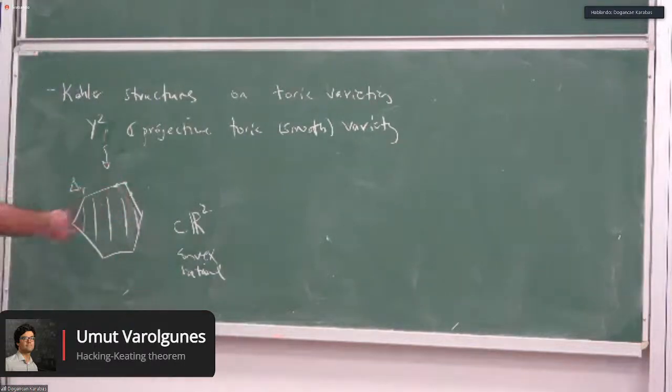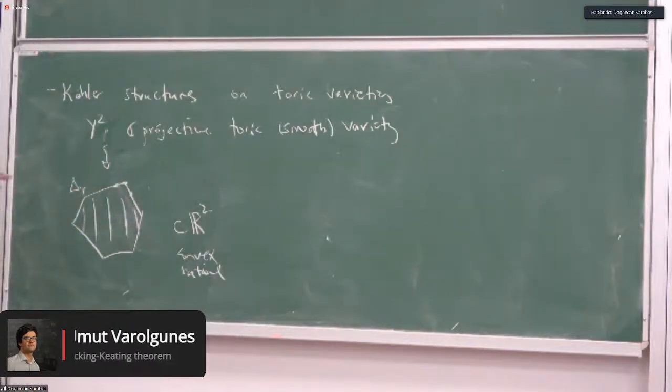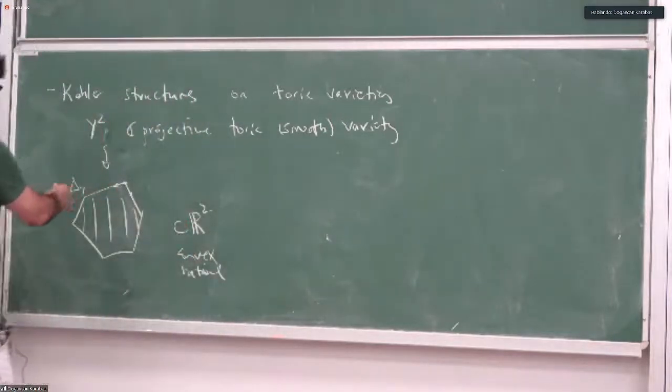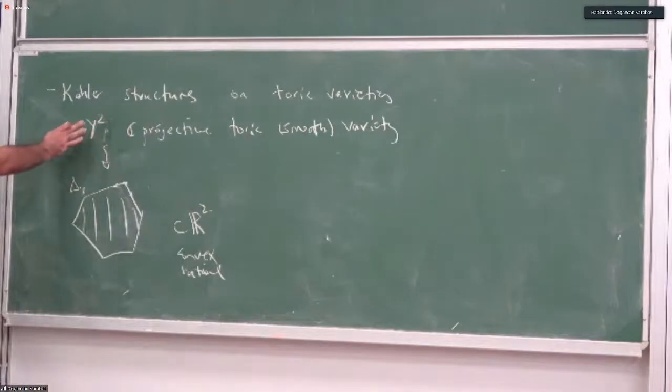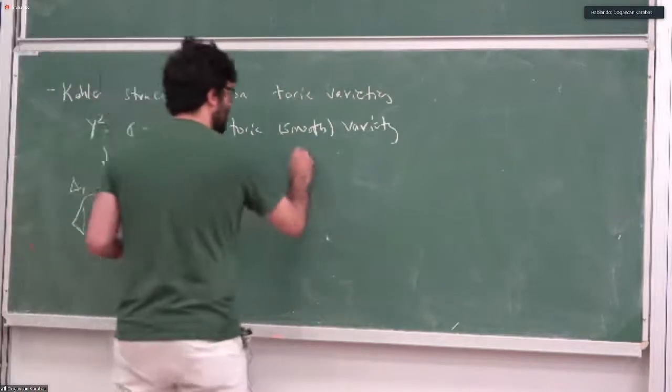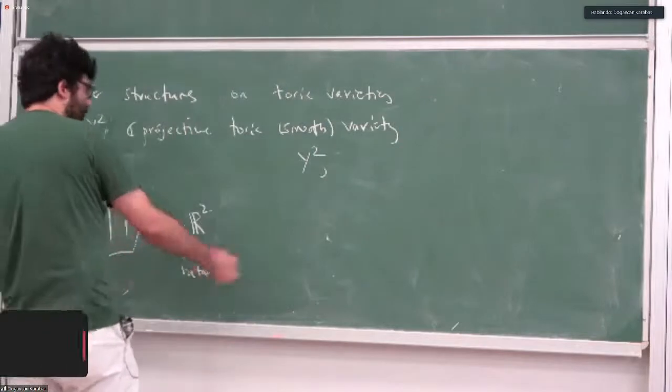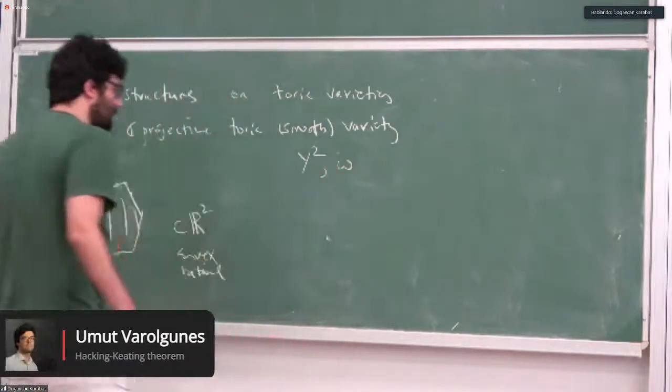And one thing that I want to say is that instead of trying to define this polytope, I want to make a connection between this toric variety and this polytope by saying that there actually is a map between them. So I take Y2 and I equip it with some Kähler form.